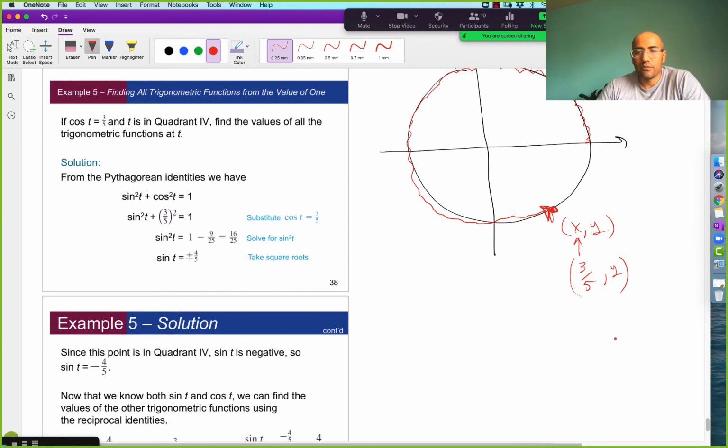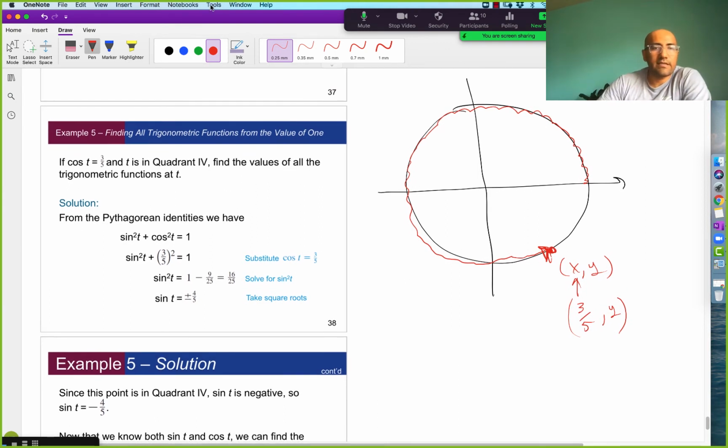Well, it must be true that because this is the unit circle, it satisfies the equation x squared plus y squared equals what?